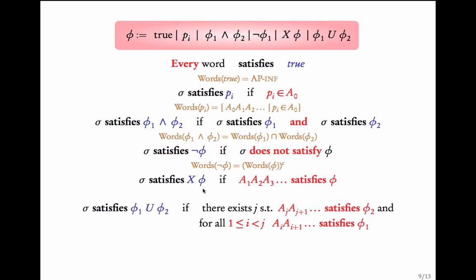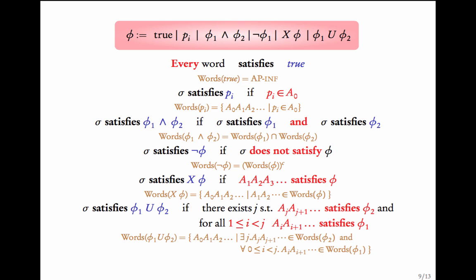What about x phi? Words of x phi is the set of all words such that a1, a2, etc. This word a1, the suffix starting from a1 is in words of phi. Similarly, we can write what is the words of phi 1 until phi 2.